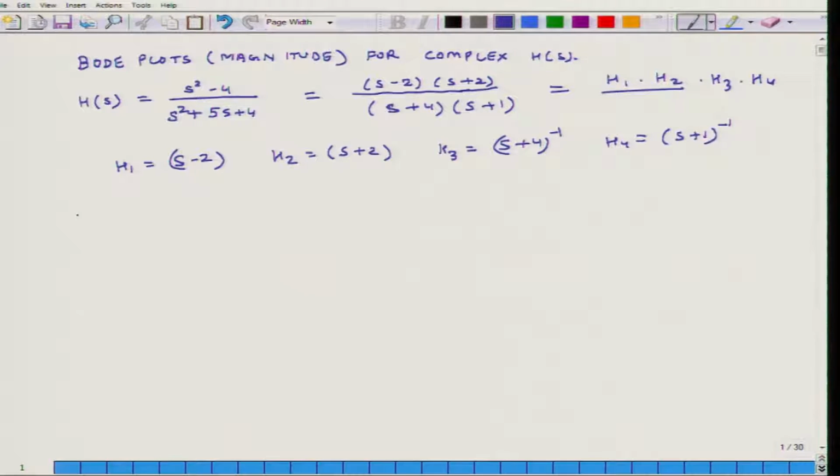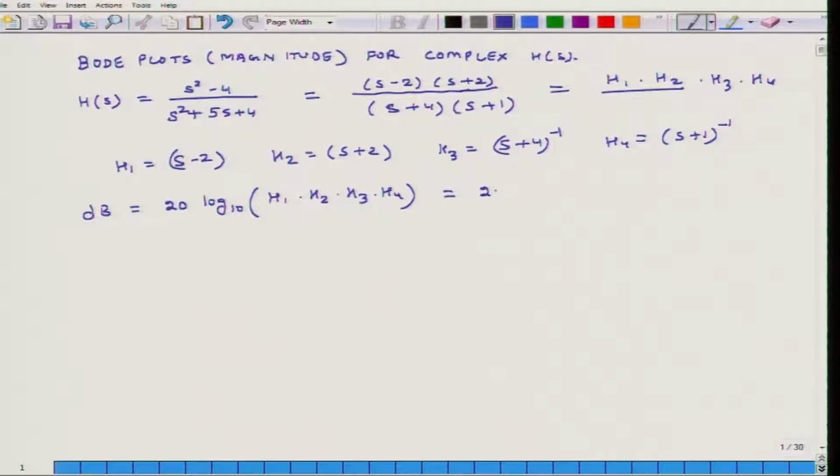So, the overall transfer function, if I calculate it in decibels, is equal to 20 log of h1 h2 h3 h4.